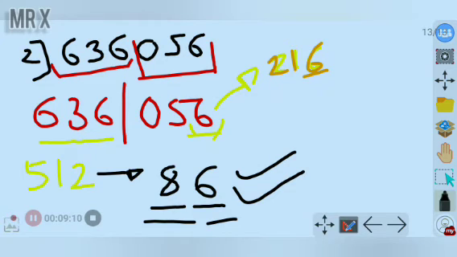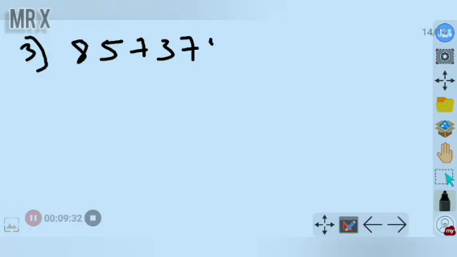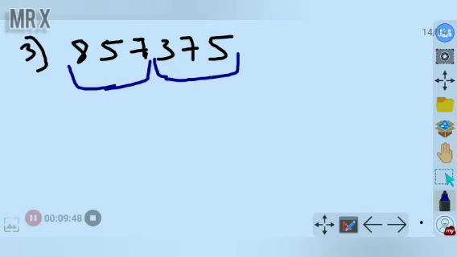We will take another example for your better understanding, so you can use it in day-to-day life. The next question is the third one: 857375. You do the same thing. Take three digits from the right, which are compulsory, and the remaining ones on the left side.